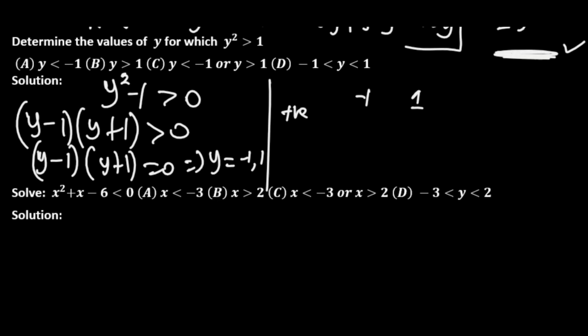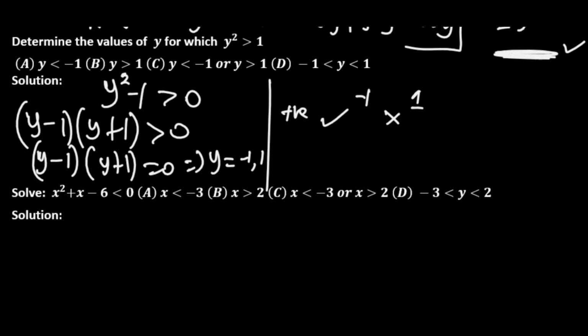So all the numbers less than minus 1 must satisfy this. So let's check numbers between minus 1 and 1, which is 0. If you put 0 here, we have negative 1 times 1, which is negative. But what they ask us is positive. So numbers between minus 1 and 1 are not part of the solution.